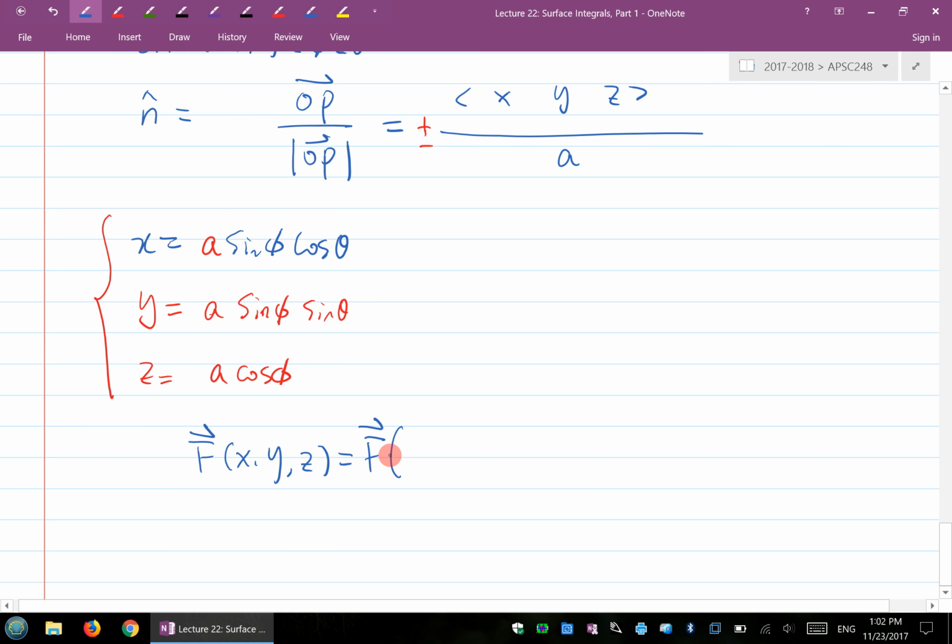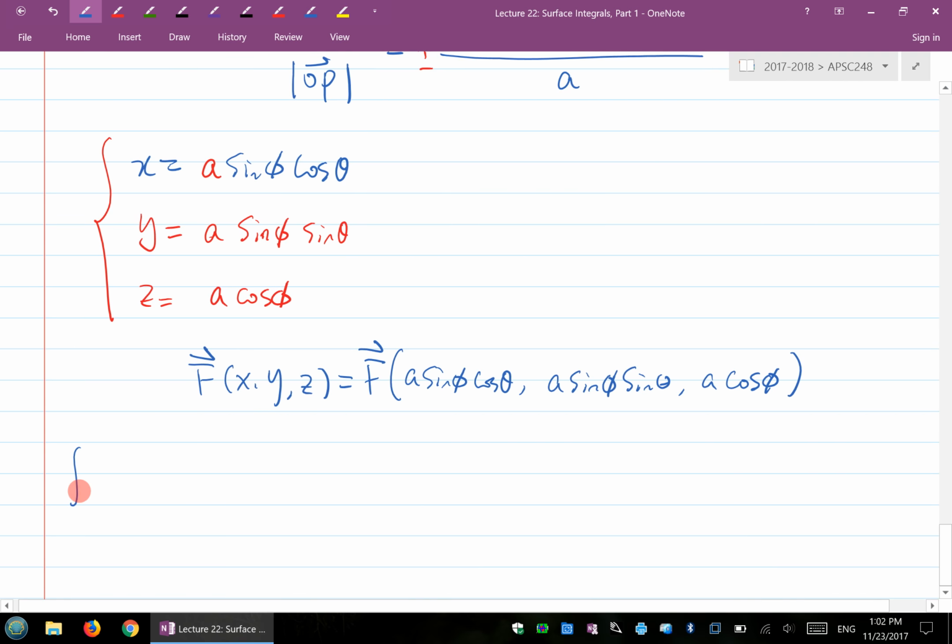So that x, we're going to replace with a sine phi cosine theta, this y with a sine phi sine theta, and the z with a cosine phi. That's another step of replacement of variables. Now you're truly ready to put everything together.